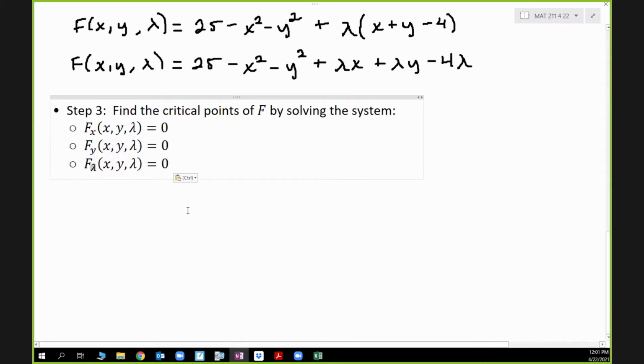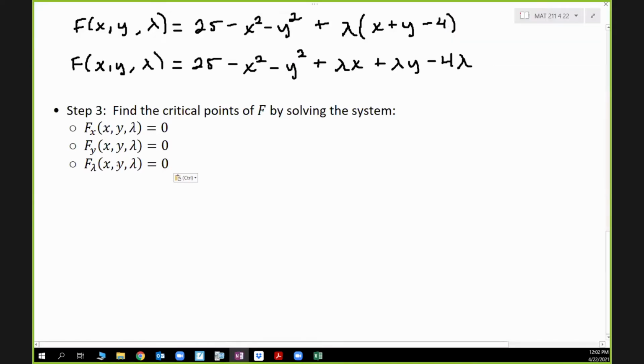So remember on Tuesday when we were optimizing functions in 2 variables, we had to find the critical points by finding the partial derivatives and setting those to 0 and solving. We're doing the same thing here. We just have a third partial derivative since we have a third variable.